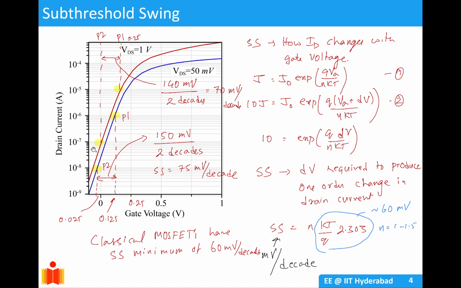I can write the equation as I equals I naught exponential q Vg by nkT, which is the exponential equation for thermionic emission.